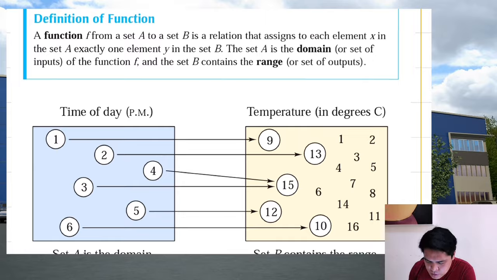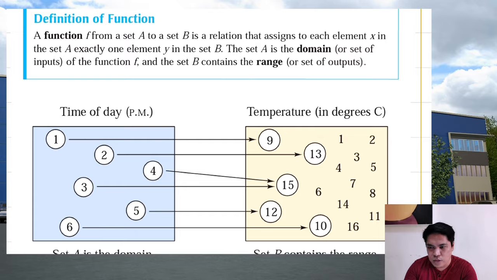The set A is the domain, or the set of inputs of the function f, and set B contains the range, or the set of outputs. Ito yung keyword sa definition ng function. It assigns exactly one element y in set B. So that means yung nilagay mong input will result to a single output.